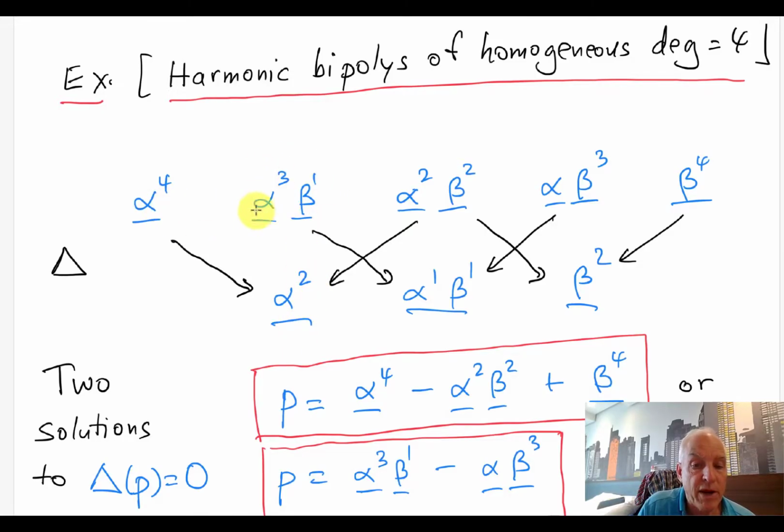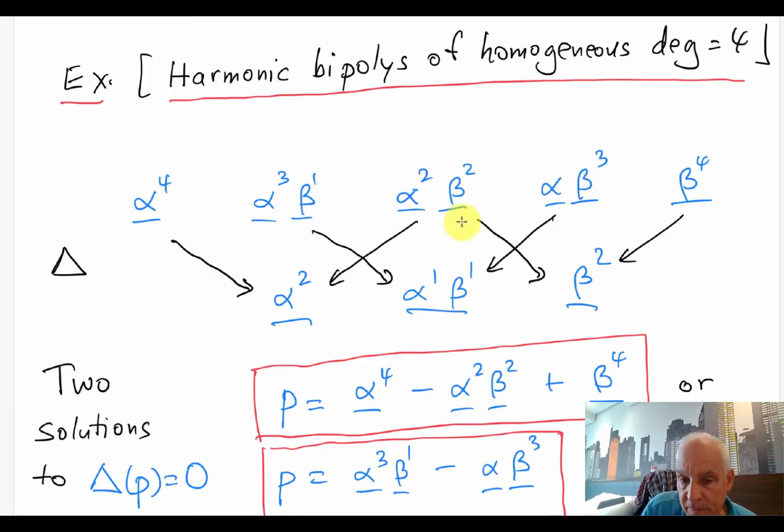How about this one here? Well, the 3 drops by 2 to give us alpha to the 1, beta to the 1 underscore. And the 1 drops by 2 to give us a minus 1. So that's sort of going in that direction, but there's nothing there because that's 0. This alpha squared, beta squared with underscores, the 2 here, if we drop that, then we get a beta squared. If we drop this 2 by 2, we just get an alpha squared with underscores.